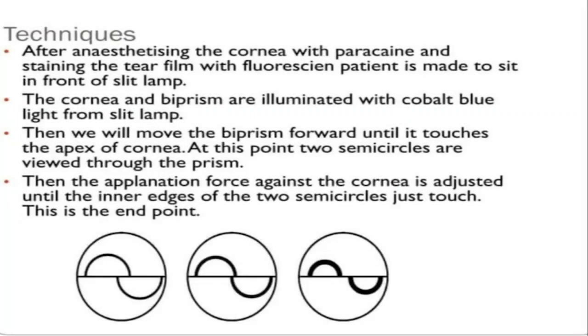The Goldmann applanation tonometer is a device used to measure intraocular pressure in the eye. Here are the steps for performing the Goldmann applanation tonometry technique. Number 1. Begin by ensuring that the patient is seated comfortably and their head is in a stable position. Number 2. Topical anesthetic drops are applied to the patient's eye to numb it.